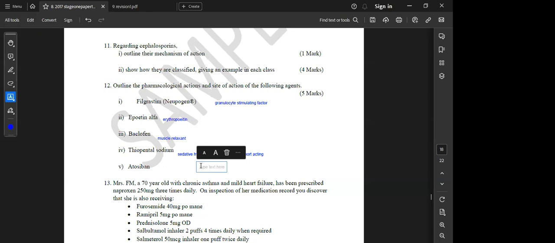Atosiban is tocolytic. It inhibits oxytocin and vasopressin, so it's a tocolytic agent. What does tocolytic mean? That means it inhibits oxytocin levels. Tocolytic basically postpones delivery. So it's basically the opposite of oxytocin, yeah.